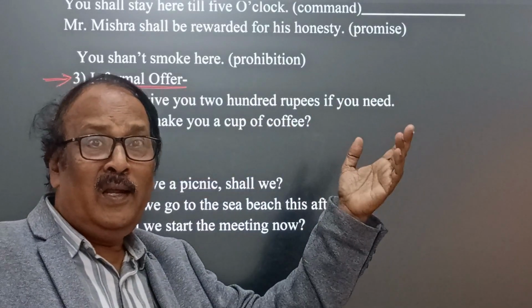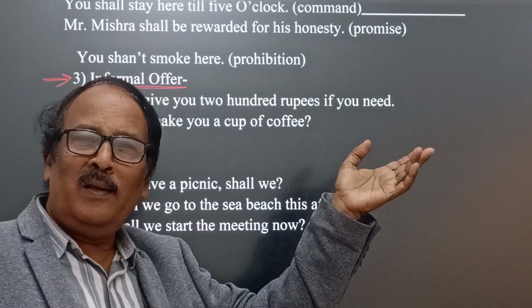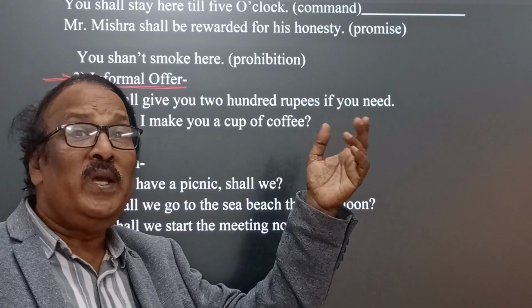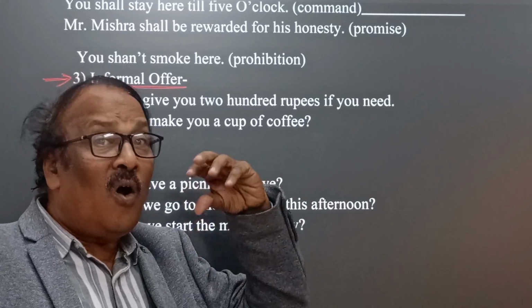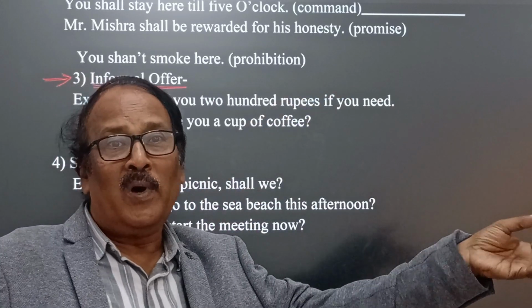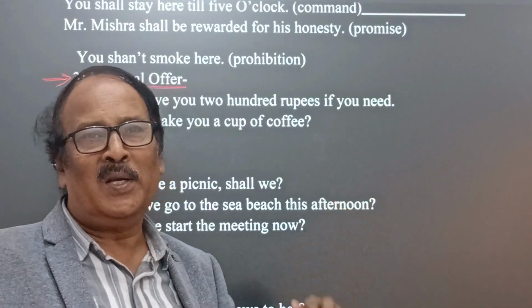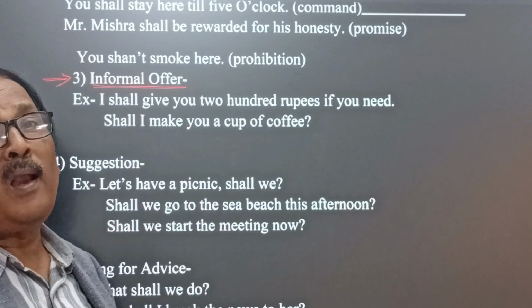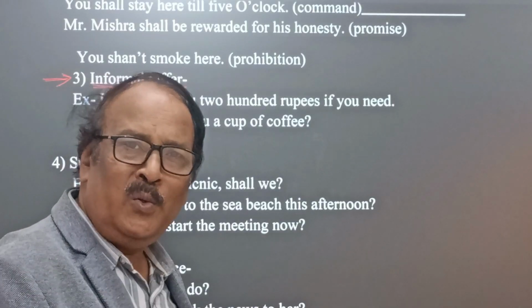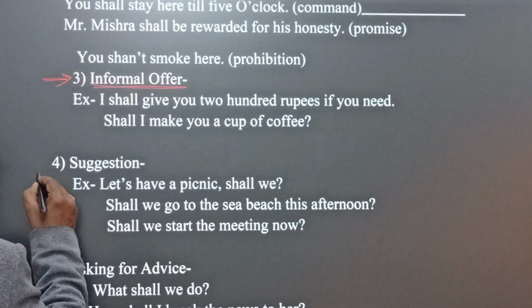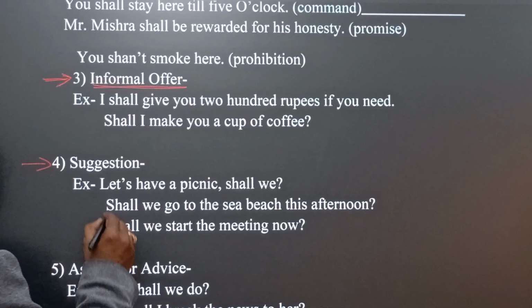Either in an interrogative sentence or in an affirmative sentence, we can use shall whenever we want to offer something to our nearer or dearer persons. This is another very interesting idea in connection with the use of shall. Number 4, suggestion.